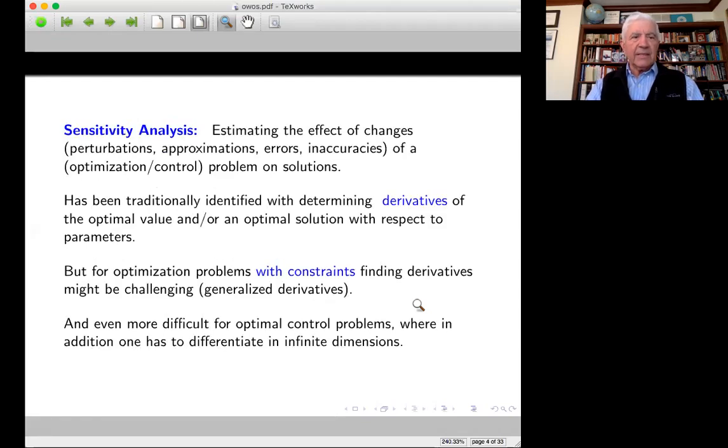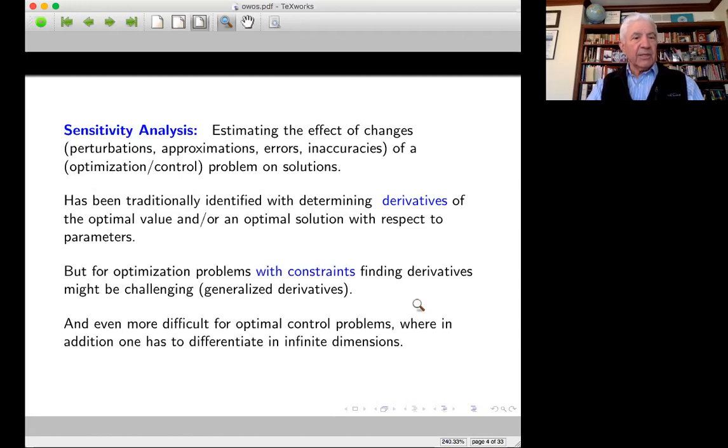So what is sensitivity analysis? Generally, it is understood as estimating the effects of changes of a problem on the solution. So we change the problem, we make some perturbations of parameters there, or there are some approximations performed. Any of those changes of the models affect the solution, and sensitivity analysis is basically estimating the effect of these changes on the solution.